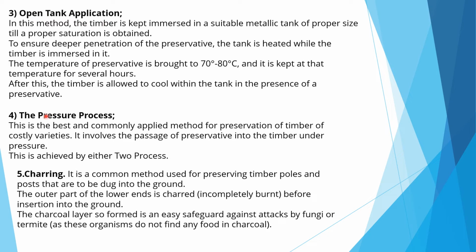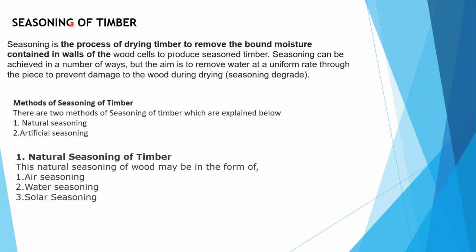Open tank application. Number four, the pressure process, charring. There are some applications and processes. Next, seasoning of timber. Seasoning is the most important topic of timber. Seasoning is the process of drying timber to remove the moisture contained in its cell walls.